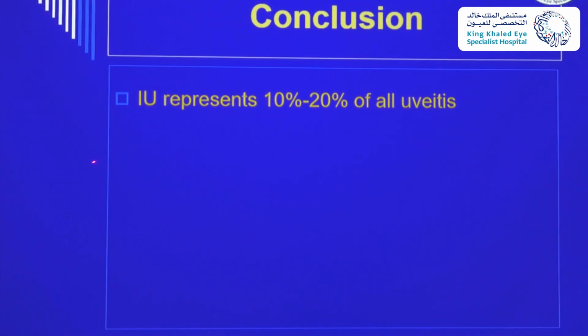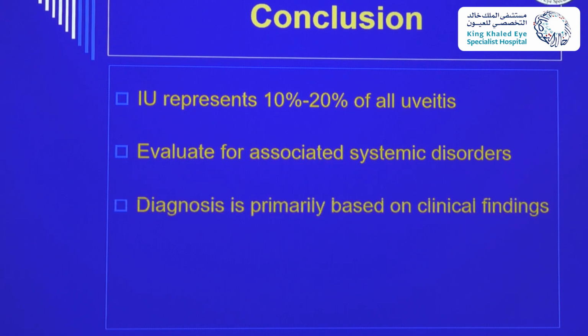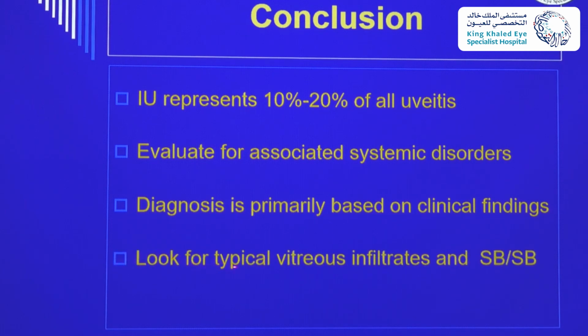In conclusion, intermediate uveitis represents 10 to 20% of our uveitis patients. You have to evaluate for associated systemic disease. Diagnosis is primarily based on the clinical findings, and you have to look for typical vitreous infiltrates, snowballs and snowbanking.